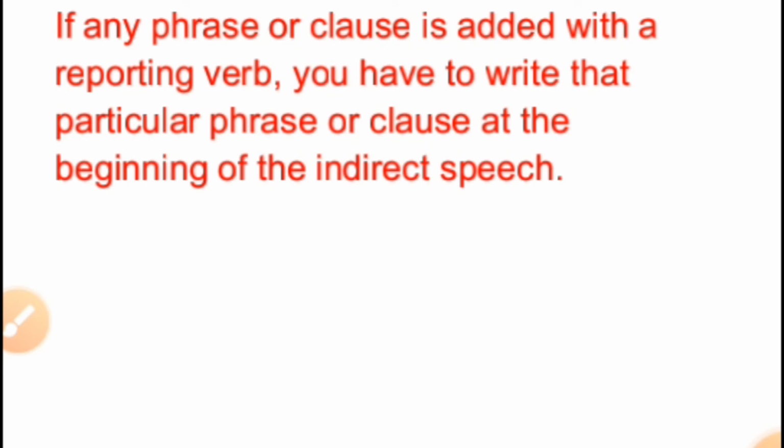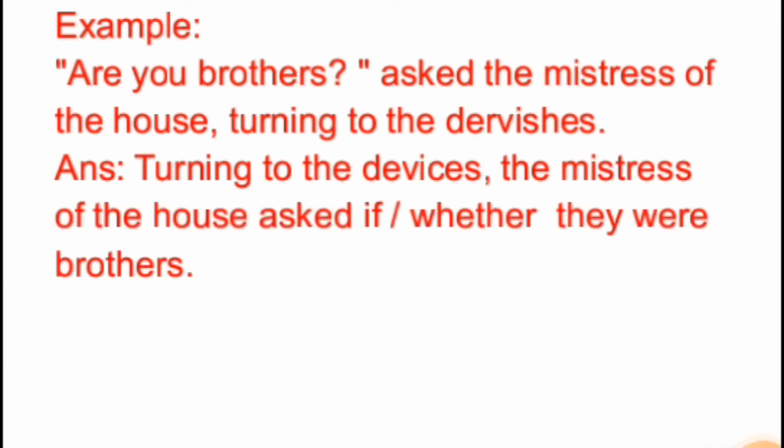Now we will consider the statement with an example. Look at the example. "Are you brothers?" asked the mistress of the house, turning to the dervishes. Here we see asked the mistress. After this, there are some words or phrases after this.